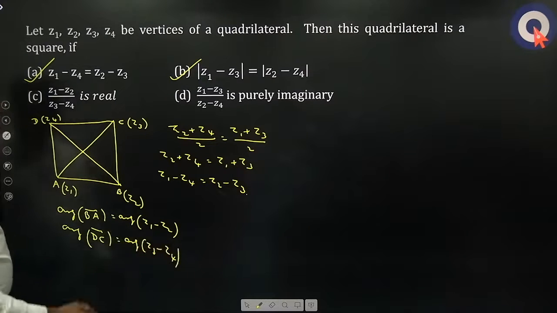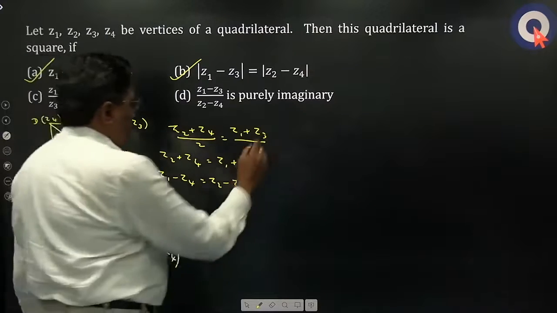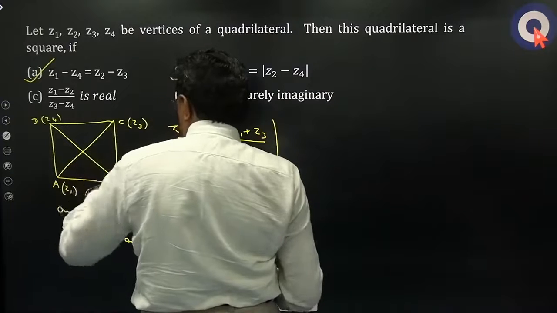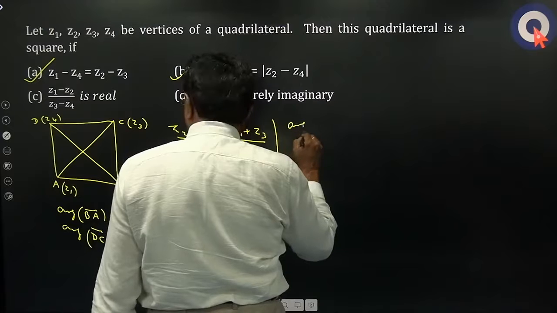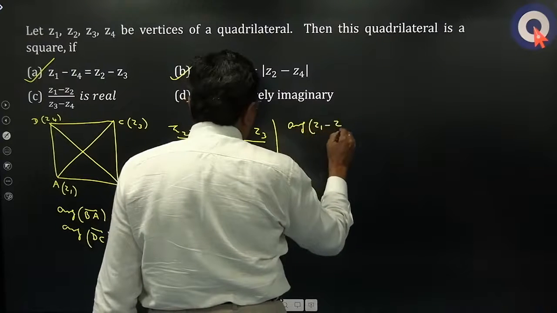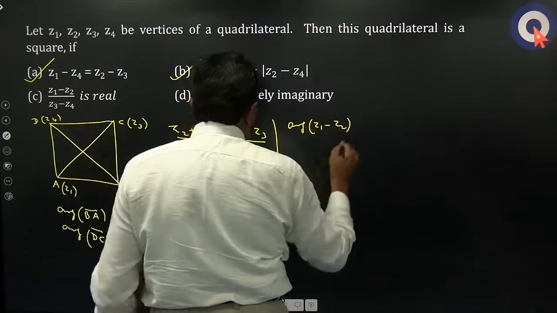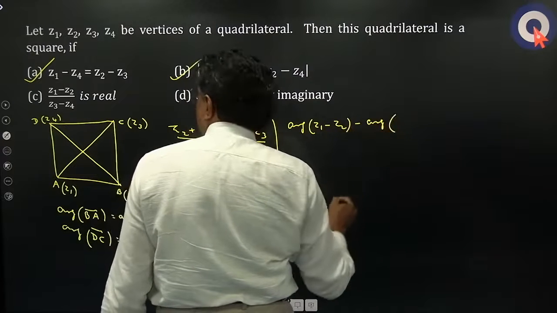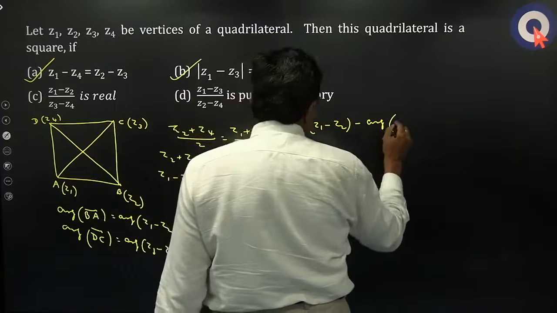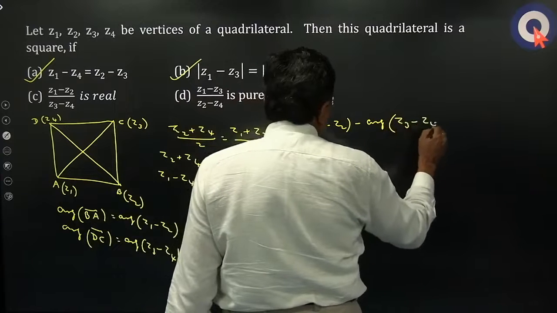So if they form a square, then these two lines should be parallel. Therefore, argument of Z1 minus Z2 minus argument of Z3 minus Z4 is equal to 0.